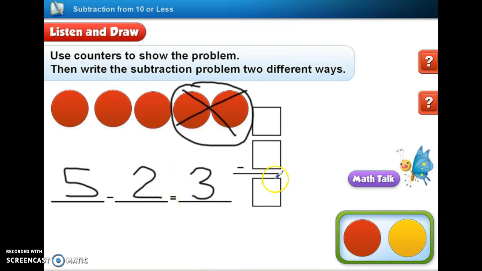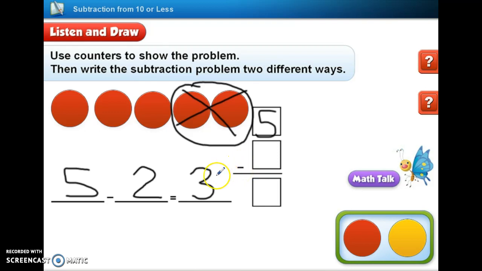All right. I'm going to write this same problem, but in a different way. Look over here. My numbers are stacked on top of each other. I'm going to put my first number all the way up top. So my 5 will go there. See my minus sign right here?